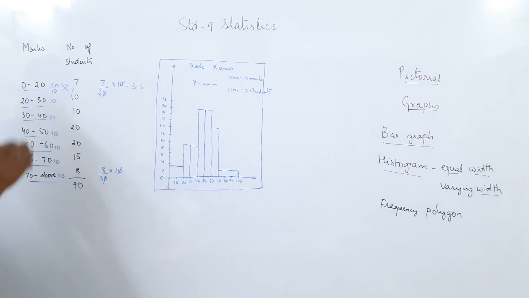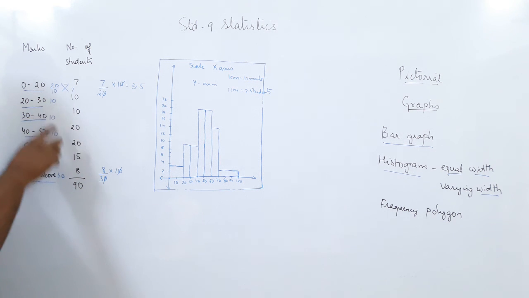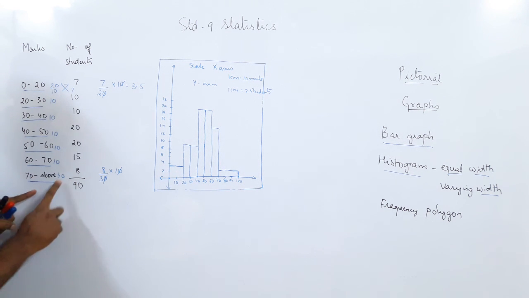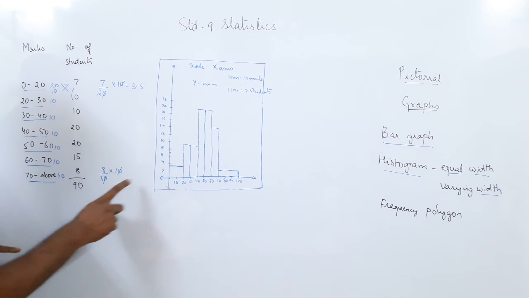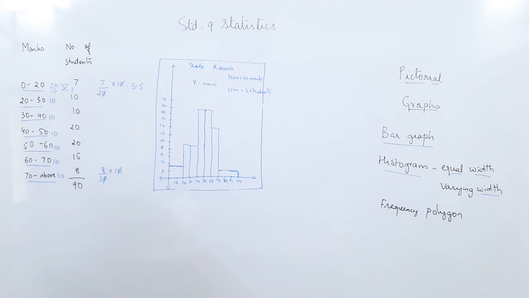You can see for 20 class length, the height was 7. So for a class length of 10, the height will be 3.5. For 30 class length, the height was 8. So for 10 class length, the height will be 2.66 something. That height you have to adjust. If you do not adjust that height, then your histogram will be wrong.